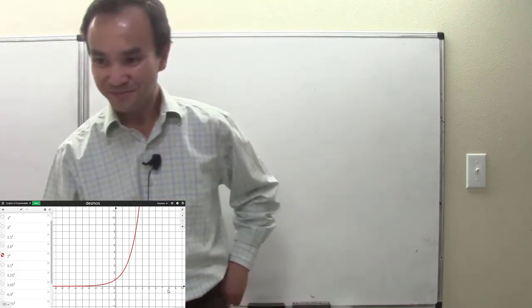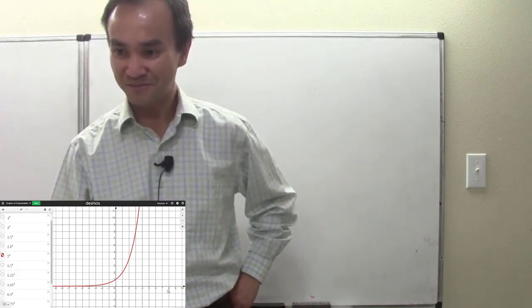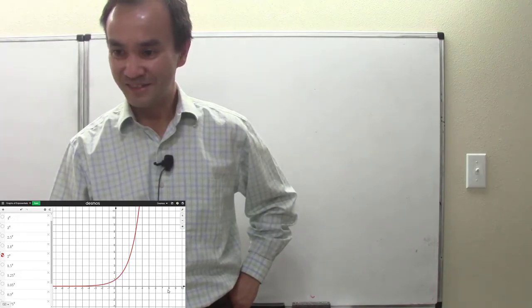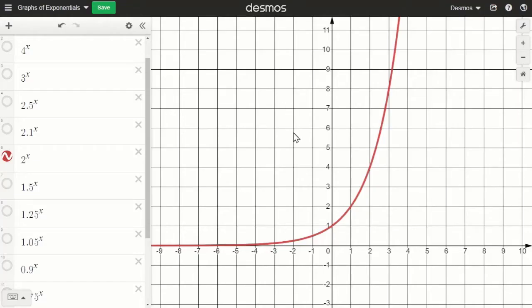All right, so now let's get back with Desmos, and I'm going to put in the graph of 3 to the x. We have seen this one earlier; that was part of our example. So 3 to the x compared to 2 to the x has a larger base, that's all.